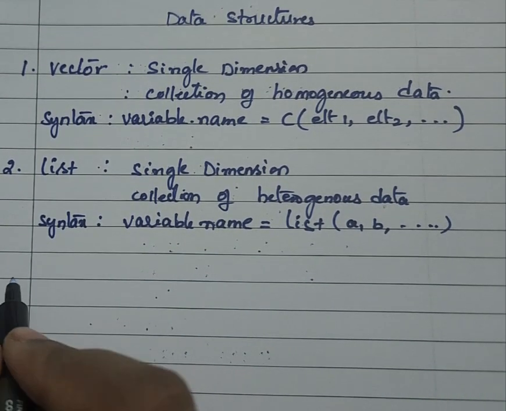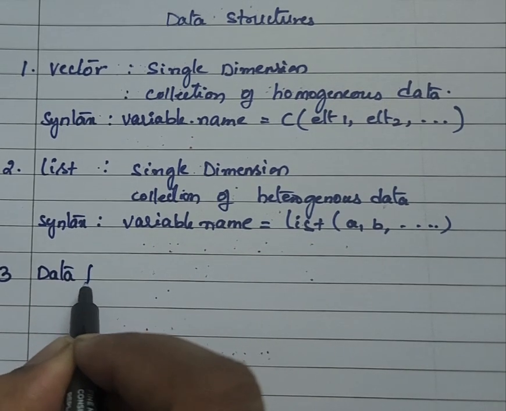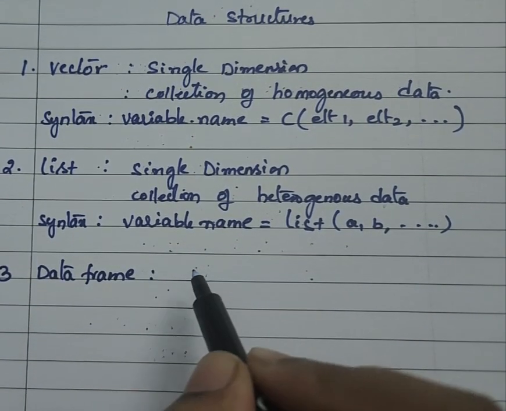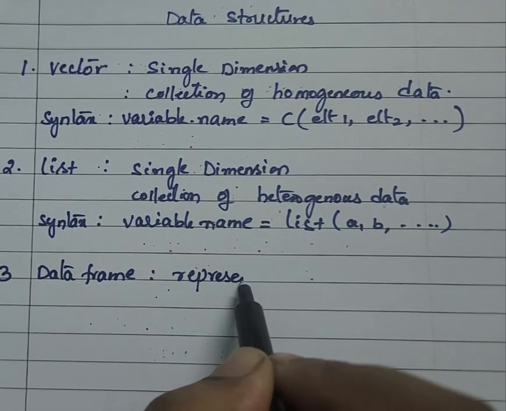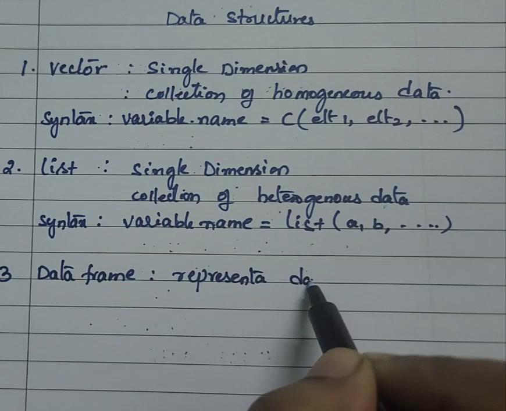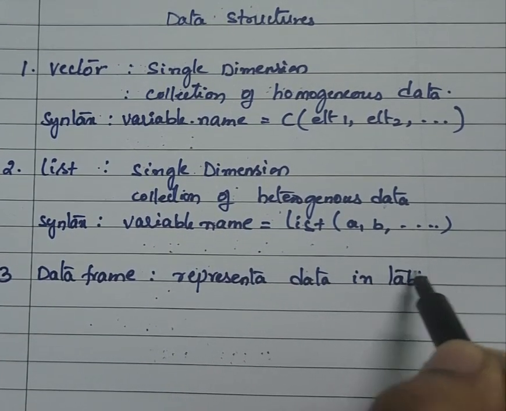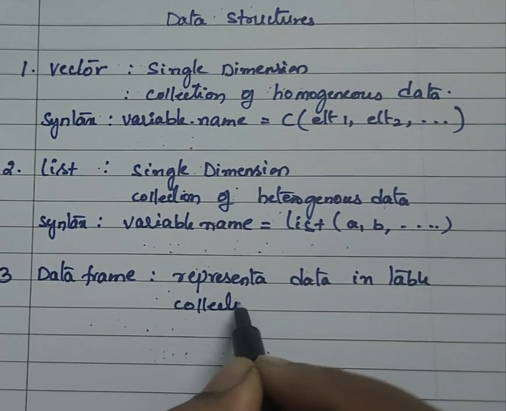Okay, now the third one, data frame, a very important one. A data frame represents data in a table. It represents the data in tabular form. It is a collection of vectors.